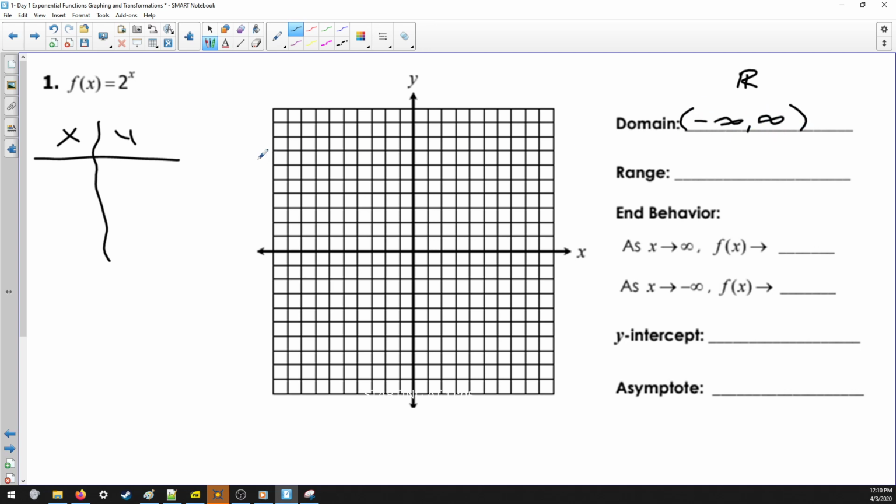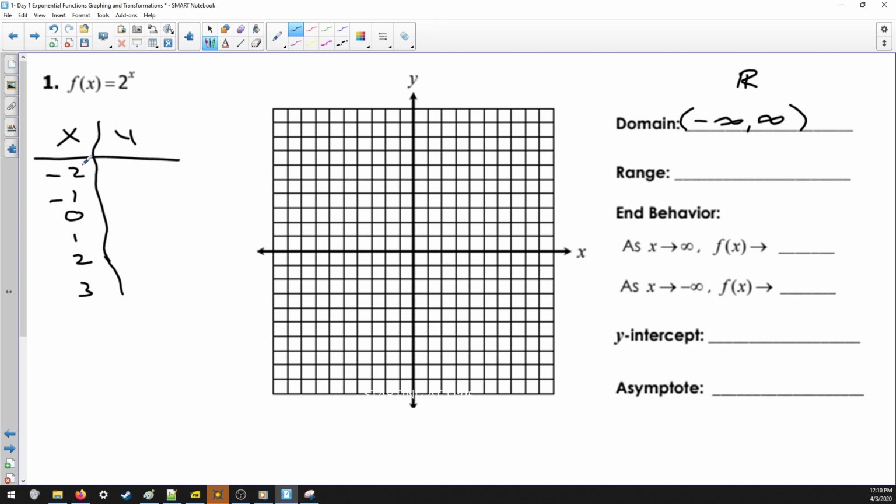To show a good range of values, I'm going to start at 0, and do a couple of positive numbers like 1, 2, and 3. For the negatives, I'm just going to plug in a couple because they get very small very fast, so they're not easy to graph. So I'm just going to do these 5 or 6 values.